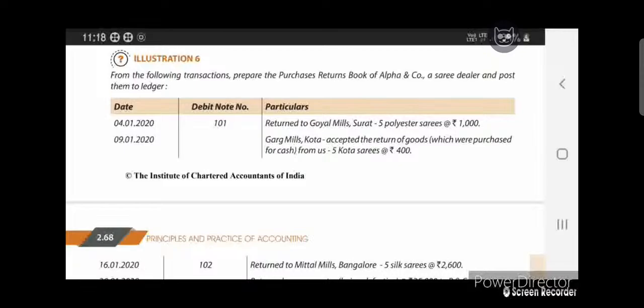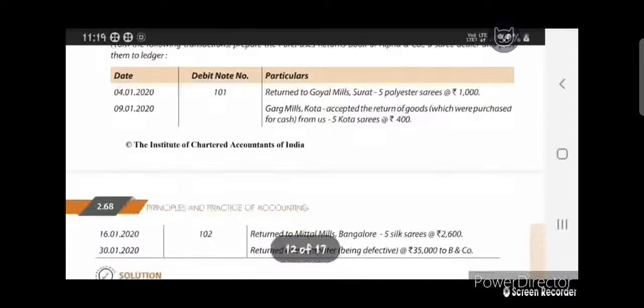On 9/1/2020 Garg Mills, Kota accepted the return of goods from us, 5 Kota sarees at ₹400.